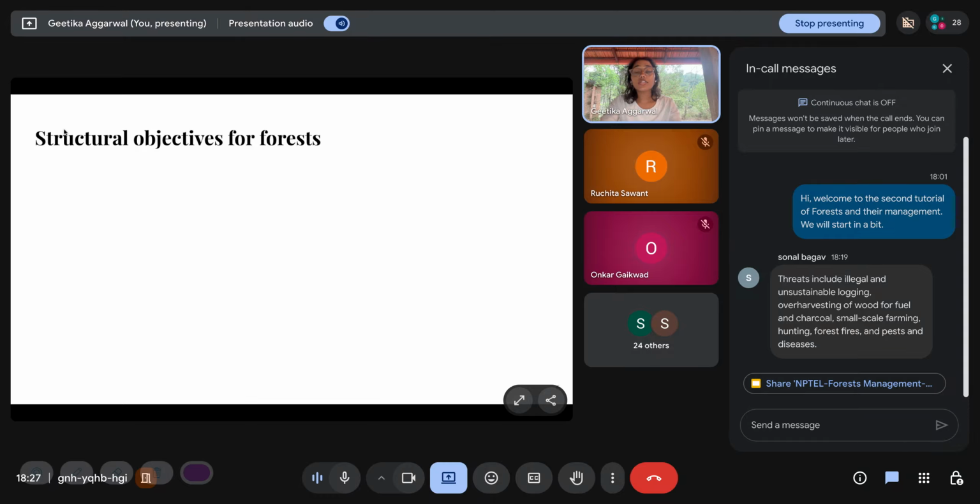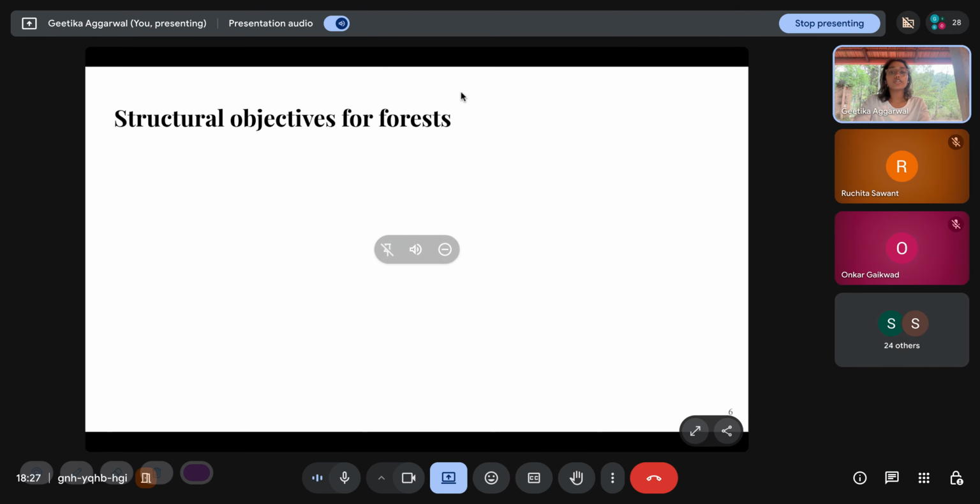Then there are some structural objectives one could have for their forests. For example, the government could have them for the forest, or somebody who's a private owner of forest land, he or she could have them for their forests, right? One of them could be age class structure. So, for example, I have a forest land and I want to maintain a certain age class structure in that forest.